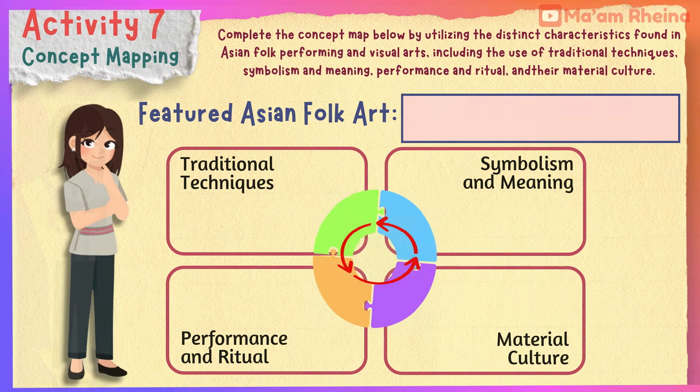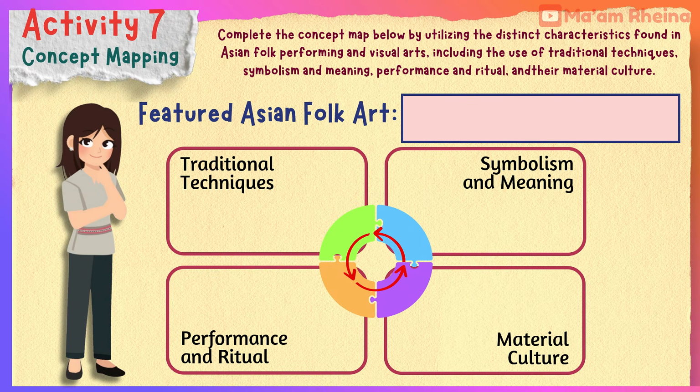It's now time for Activity 7, Concept Mapping. In this task, you're going to complete the concept map by filling in the important characteristics of Asian folk performing and visual arts. Think about what makes them special, the traditional techniques that have been passed down for generations, the symbolism and meaning behind every mask, movement, or design, the performance and rituals that bring communities together, and of course, their material culture, the costumes, props, instruments, and all the objects that make the art come alive.